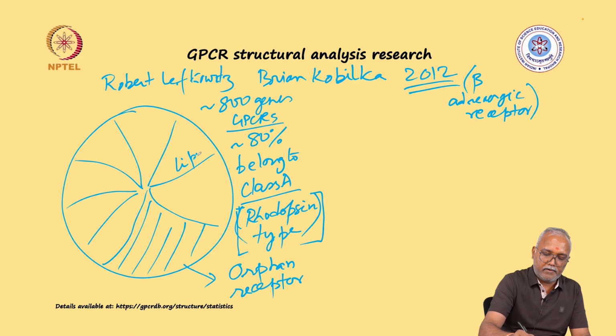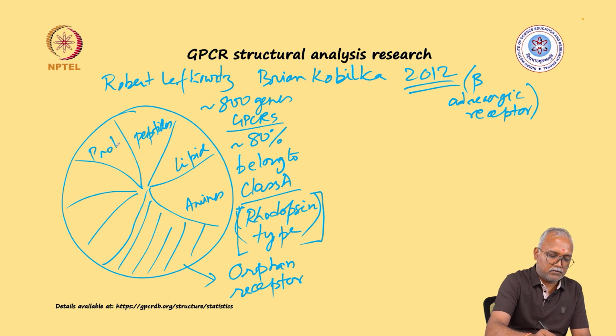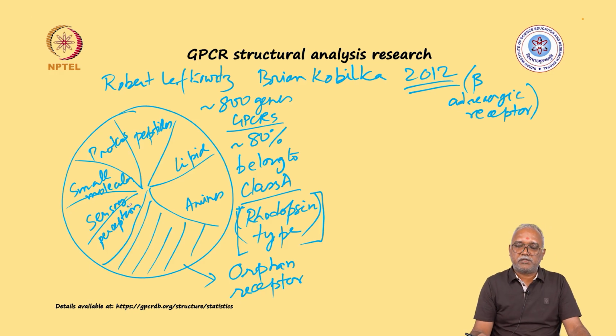It could be lipids, amines, peptides, proteins, small molecules, which are relevant to sensory perception. So apparently there is a bias even in the GPCR genes, in what they are going to look like and what kind of process they will be mediating.